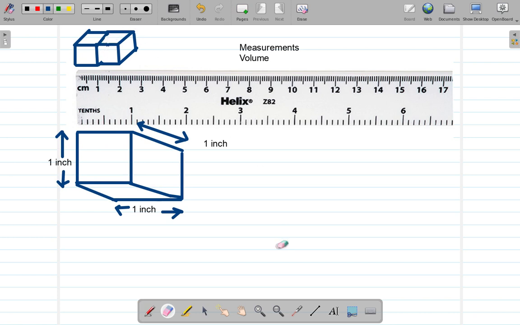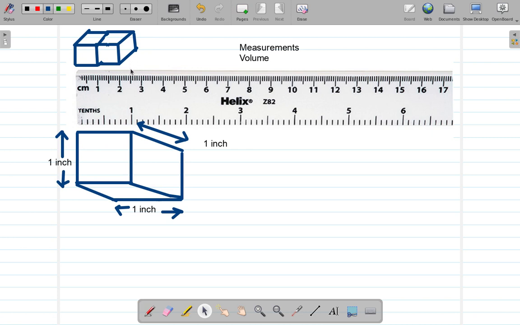Now we have 2 cubes stacked on each other. So the width now is no longer 1 centimeter. All of this is 2 centimeters wide, but the height is 1 centimeter high, 1 centimeter long.